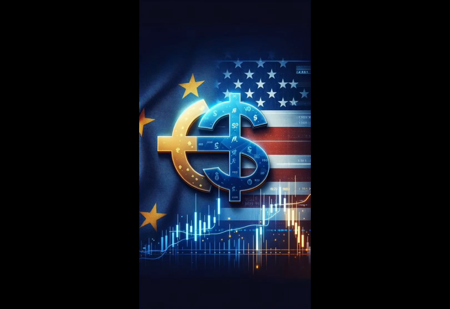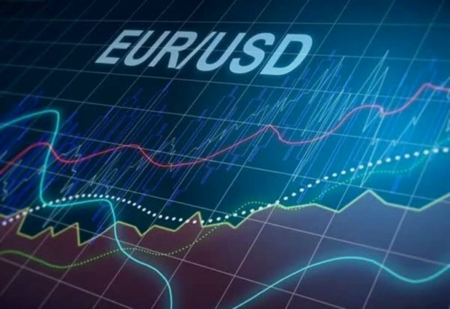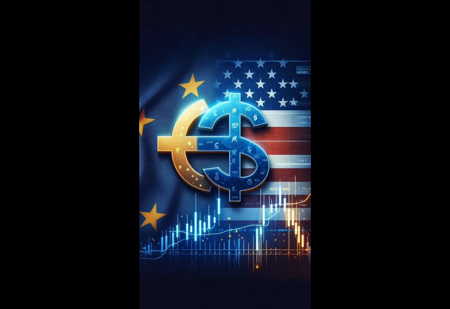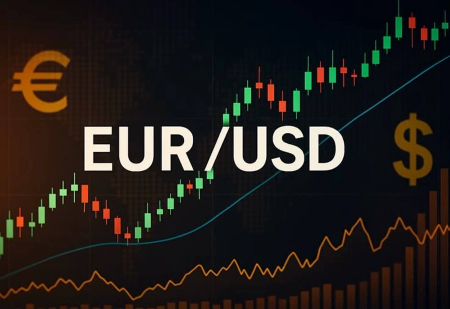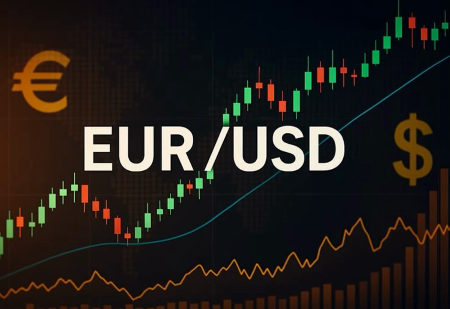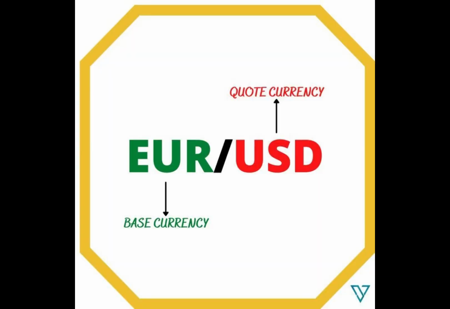Let's take Euro/USD. Look at EUR. It's on the left side. So the currency on the left side is always called the base currency, and the currency on the right side is called the quote currency.